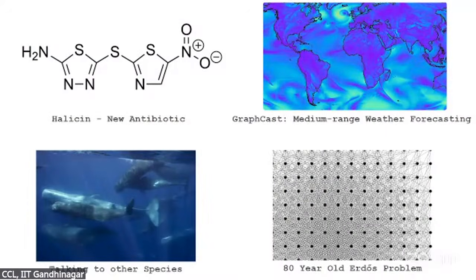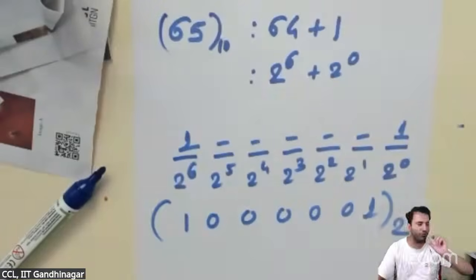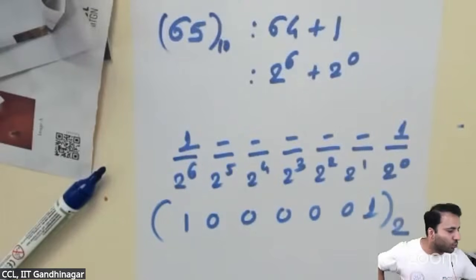Looking at some of the oldest problems, there is this very interesting Erdős problem, which is about this: let's say I give you a set of dots, suppose I give you 9 dots, you have to arrange them in such a way that you can find the maximum pairs which are 1 unit distance from each other. Just to give you a brief about this particular problem, let me take you over here. It's a very interesting problem.